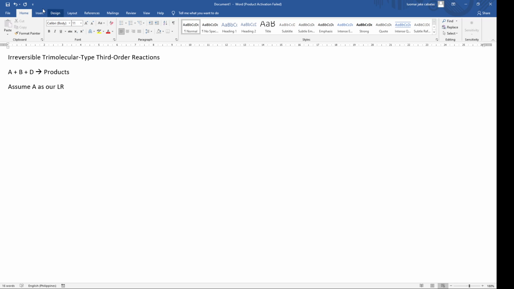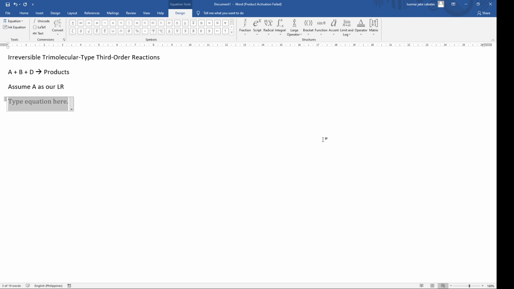So with that, we have negative rA equals negative dCA/dt equals k CA CB and CD.